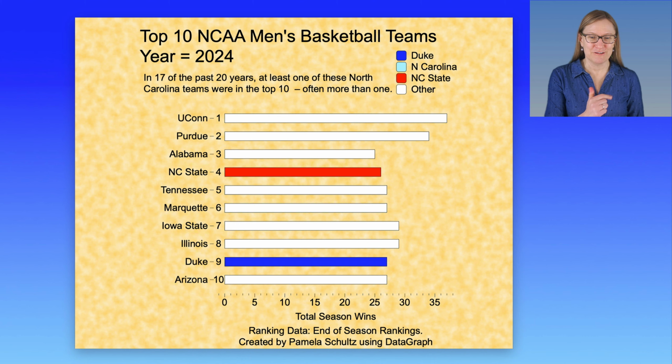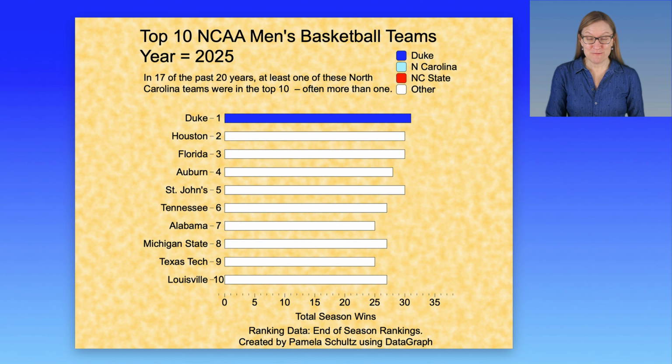There it is, NC State. So this was sort of a fun graph to make. I will say we began the animation with North Carolina ranked at number one at the end of the season, and we ended with Duke ranked at number one at the end of the season. In any case, I still think this was a fun one to make, interesting data set.